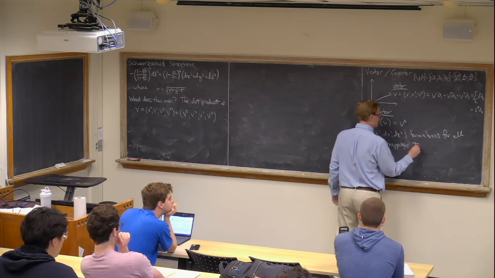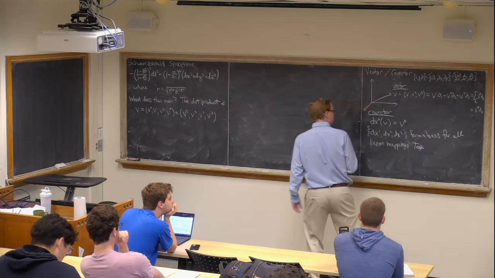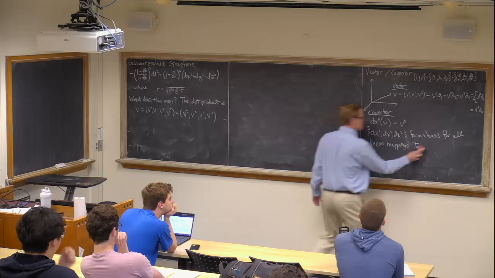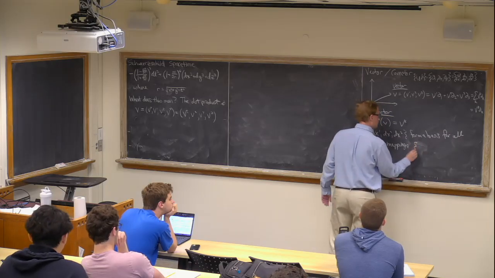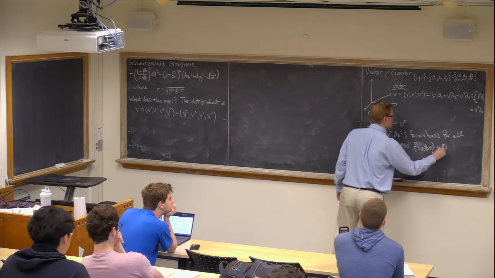So I'll just say vectors. We're talking about vectors and covectors. So, take the space of all vectors into the real numbers.